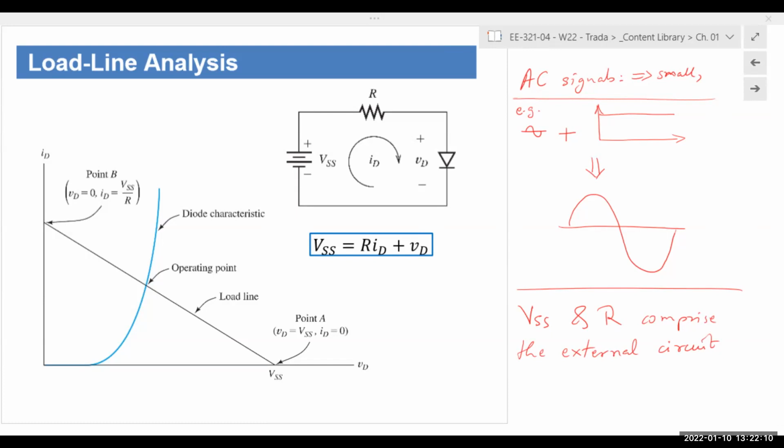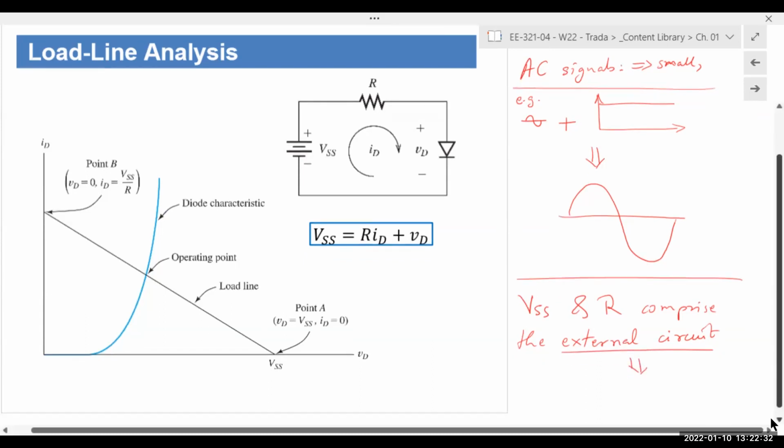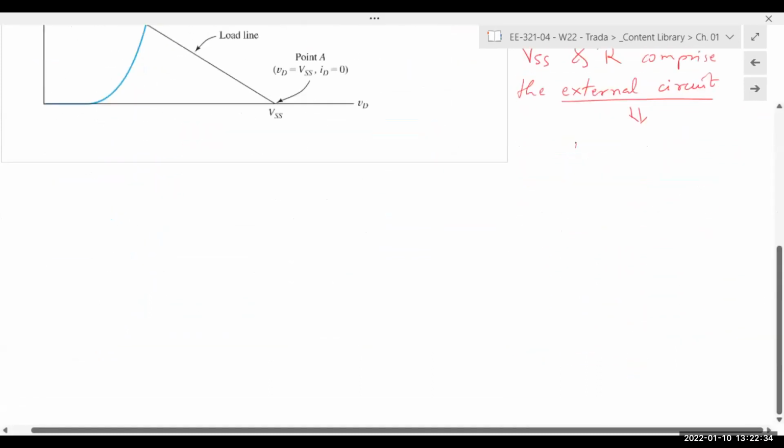But in the grand scheme of things, when we talk about amplification, that's another point to keep in mind. So the load line provides external constraints. The diode, the transistor, that component cannot operate beyond those constraints. So in simple terms, it imposes restrictions.